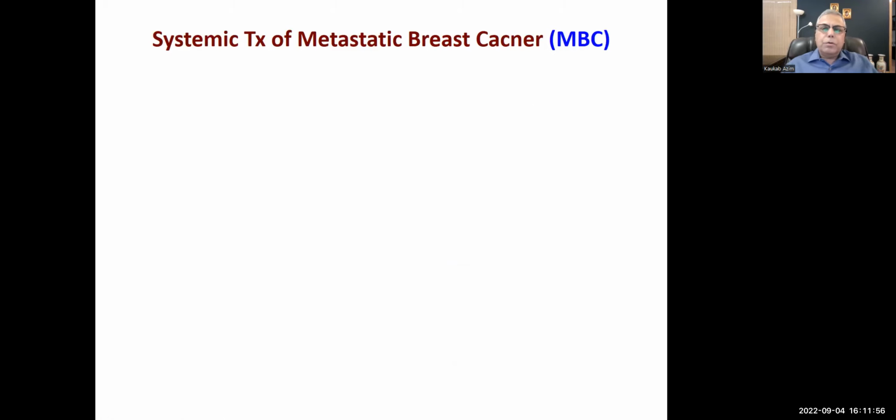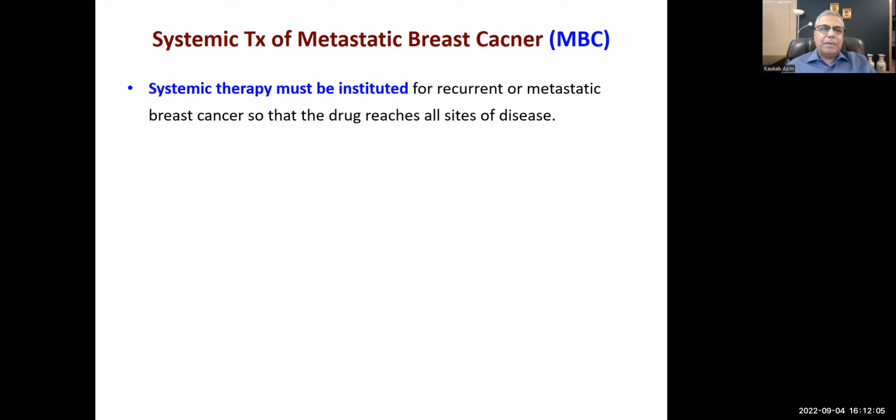All right, so now we go on to metastatic breast cancer, and we are also coming to the last part of this lecture. Systemic therapy must be instituted for recurrent or metastatic breast cancer so that the drug reaches all sites. Now, metastasis means that the cancer has gone from the breast into the bones, maybe to the lungs, maybe to the liver, maybe to the brain, right?